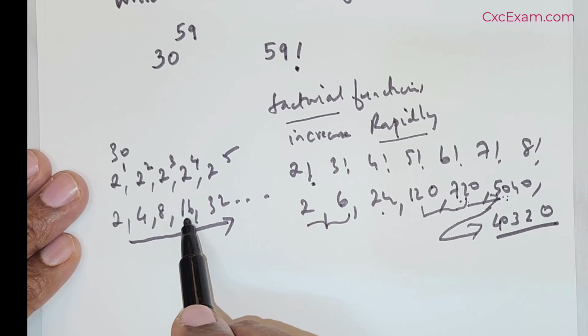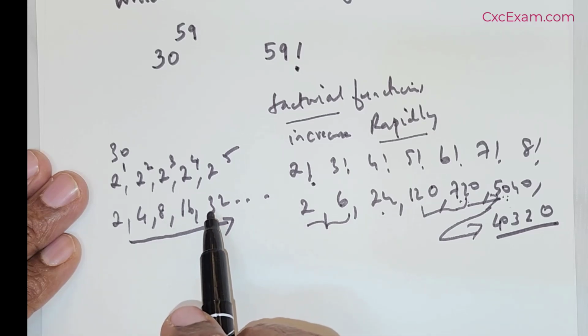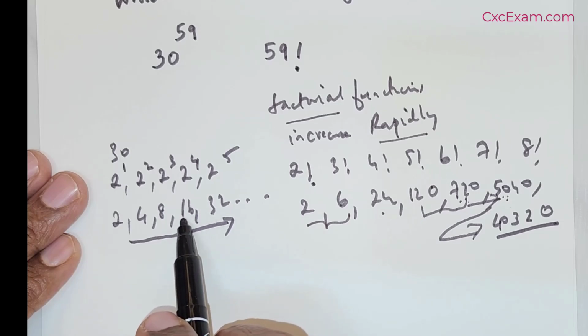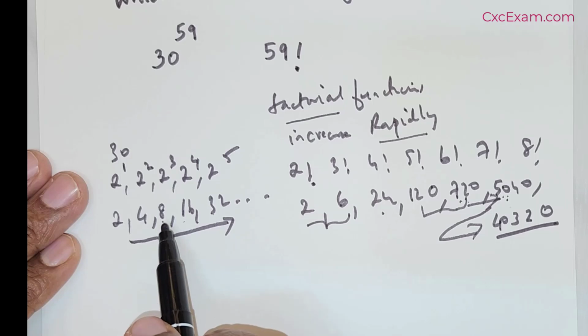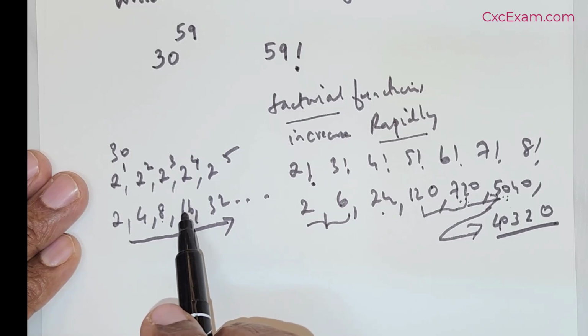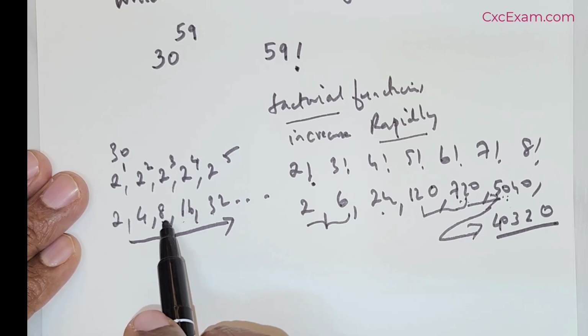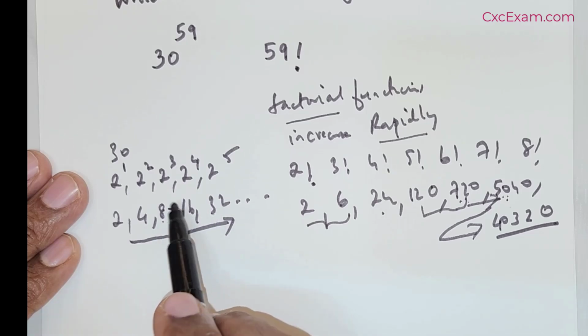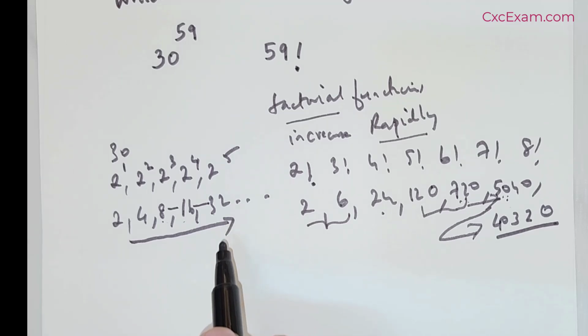Clearly I can guess the pattern. From 32, if I want to go back, I can clearly go back. Or from 8, if I want to go in the forward direction, I can literally go in the forward direction because I know the difference, the distance between the numbers.